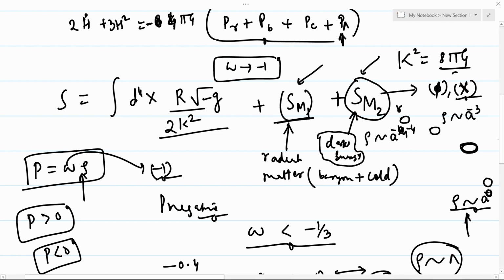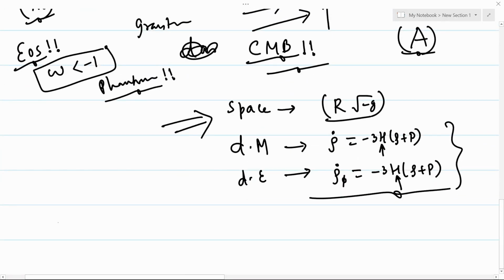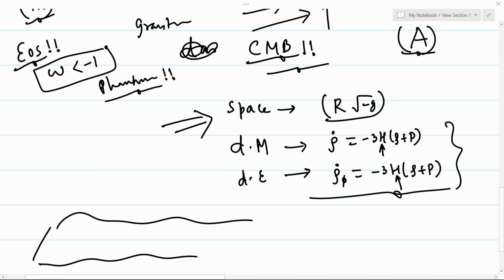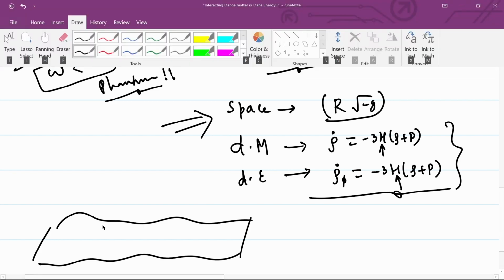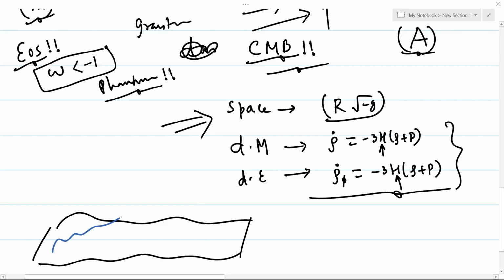So suppose this is the fabric of the universe, and here you can have the dark matter. There is an evolution in dark matter, and we can have the evolution in the dark energy. And they are talking only through how the space-time is evolving, or how they are disturbing it.